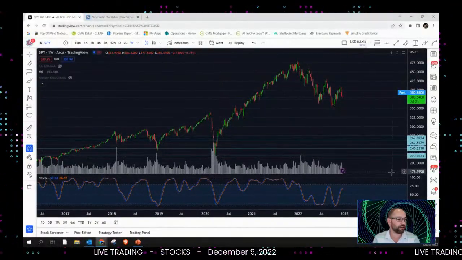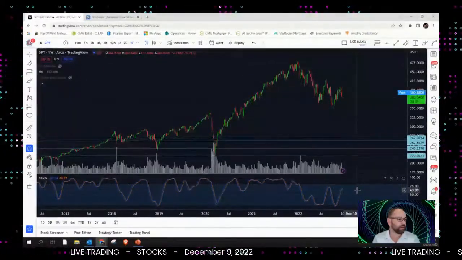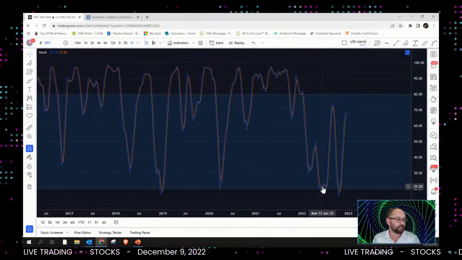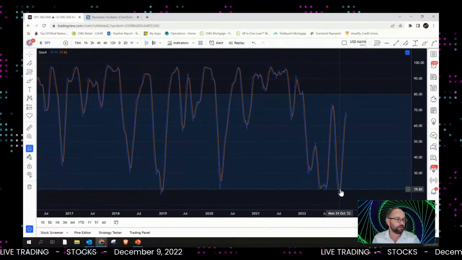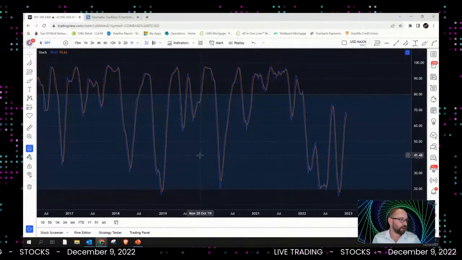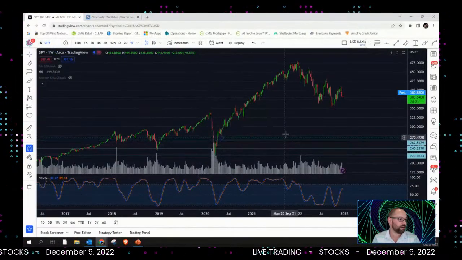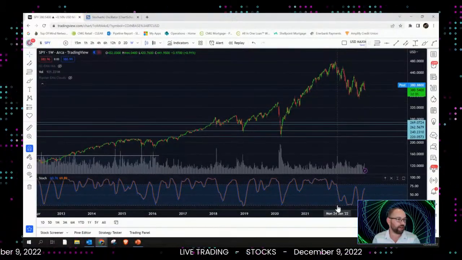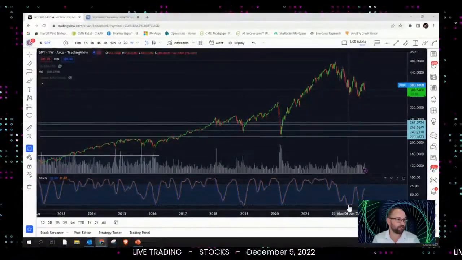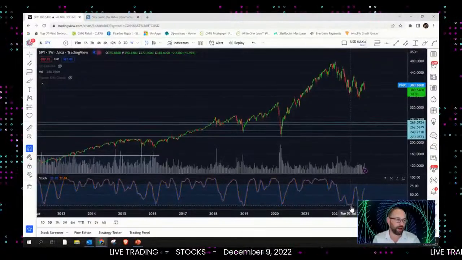So what I'm noticing is these Stochs only come down below this line in extreme volatile times, right? And I could say, okay, every time that weekly Stoch has gotten down here, it was a good time to buy.